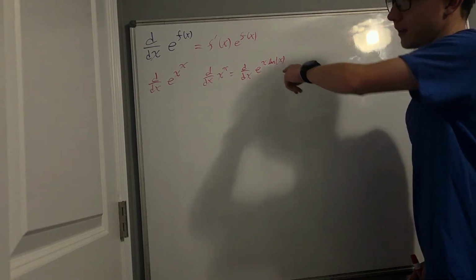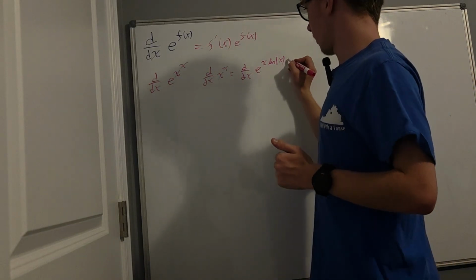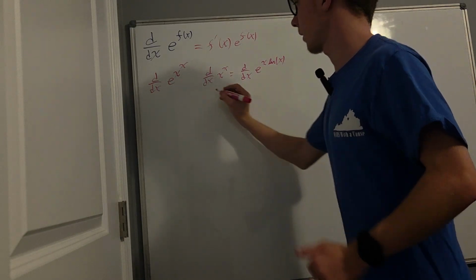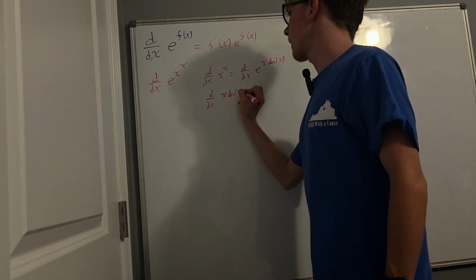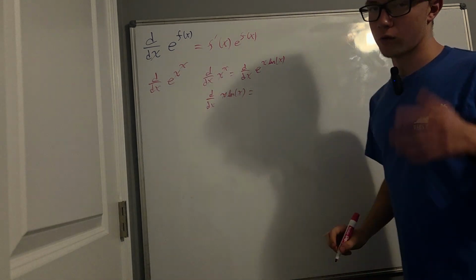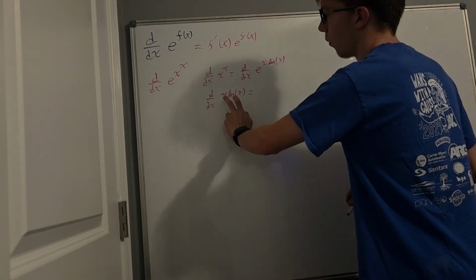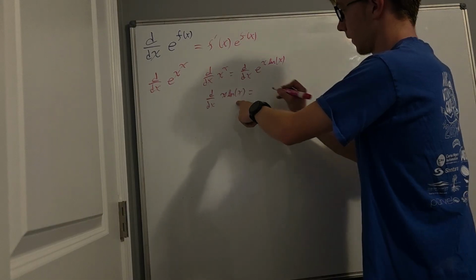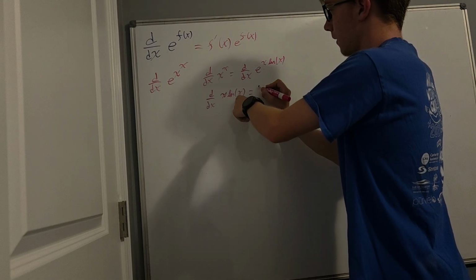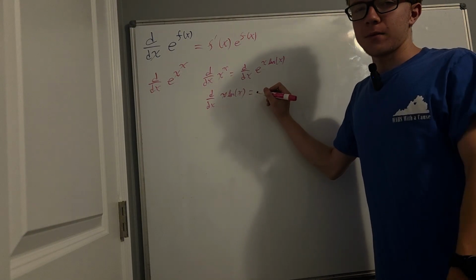The derivative of x ln x is equal to, this is a product rule, so we're going to take the derivative of this one first, that's 1. Derivative of natural log of x is 1 over x. I don't take the derivative of both of those, that's wrong.